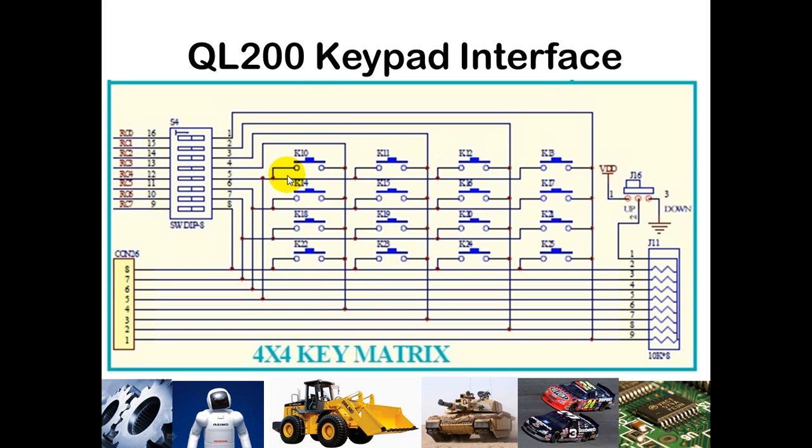So you're actually making a connection between this pin and that pin. And so you can see that there's a unique combination of connections between the upper bits here and the lower bits over there for each key press.